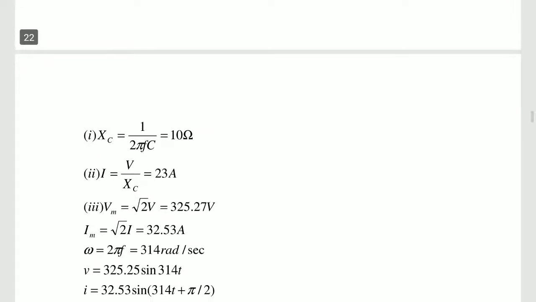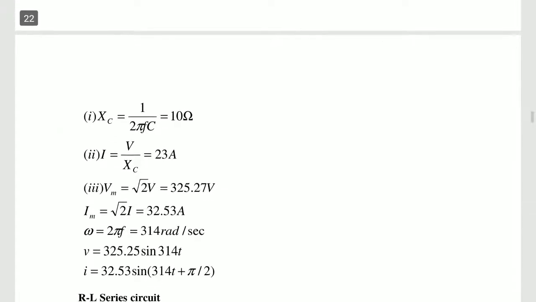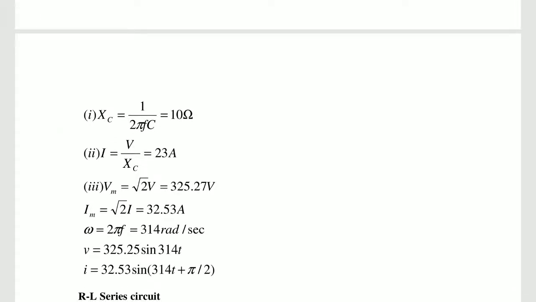So Vm is equal to root 2 into 230 volts, that is 325.27 volts. And Im is root 2 into I, root 2 into 23 amps, so we'll get 32.53 amps.